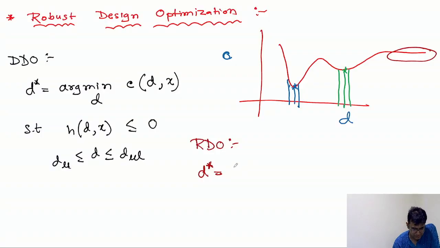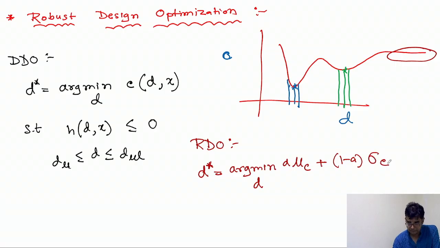You are trying to minimize arg min over mean D of A times mu of C plus 1 minus A times sigma C, right? Where A can vary from 0 to 1, obviously. It's a continuous number, can have infinitely many possible values of A, but it will vary from 0 to 1.